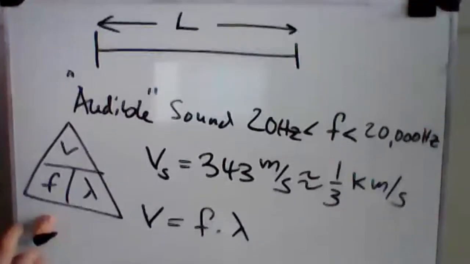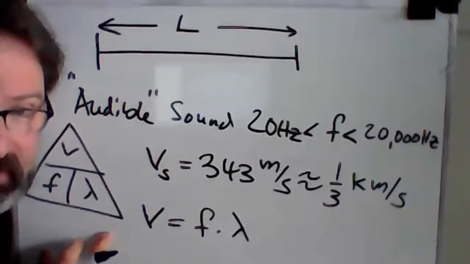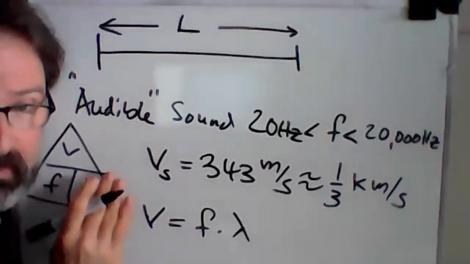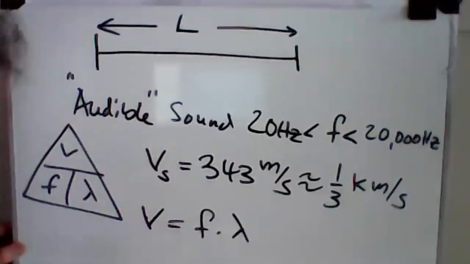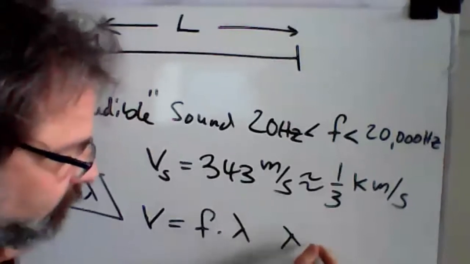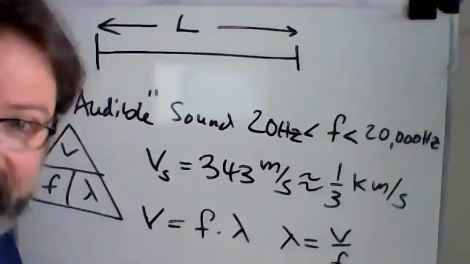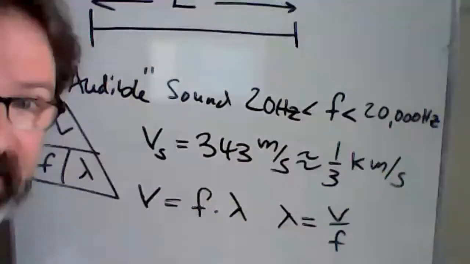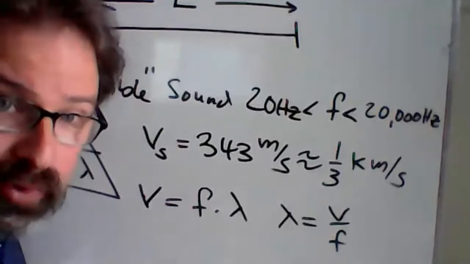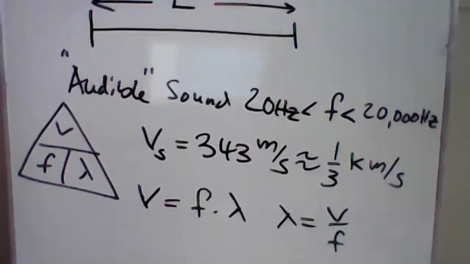Specifically, if we're interested in finding lambda, lambda is v over f. So we can use that information to find the corresponding wavelengths for audible sound. We can write that on here, maybe in red.